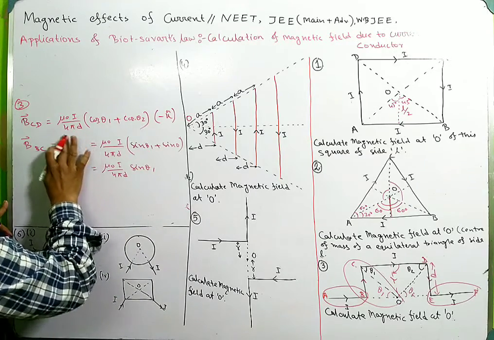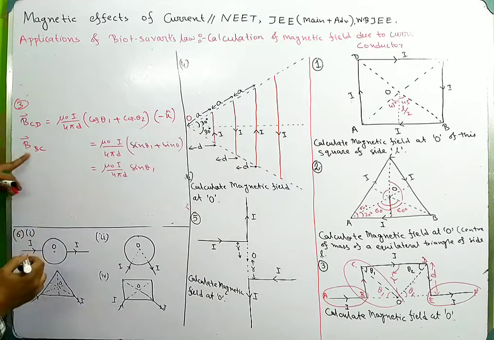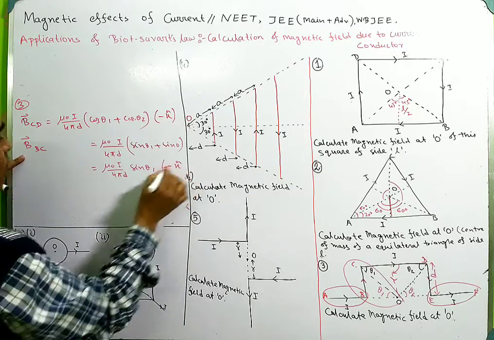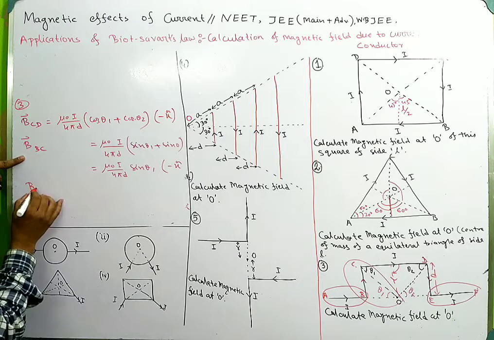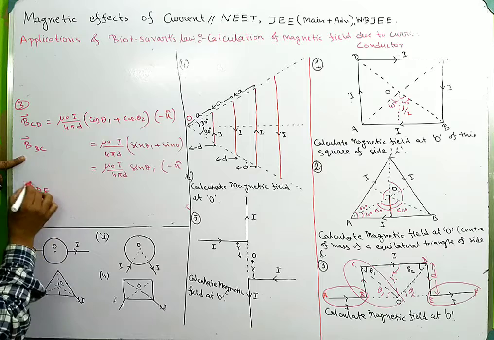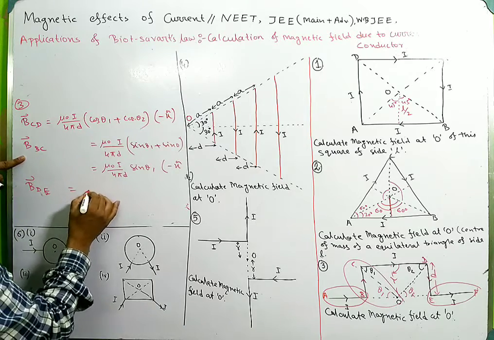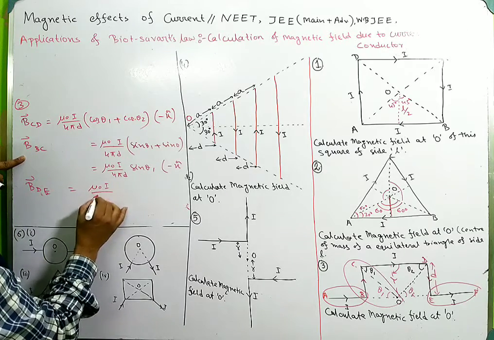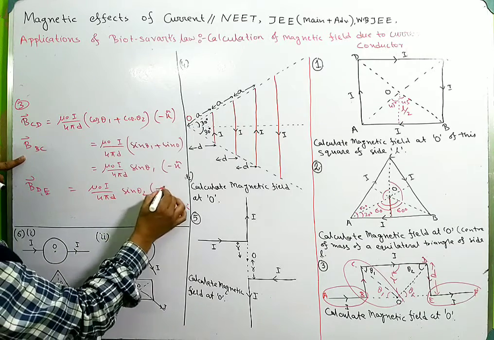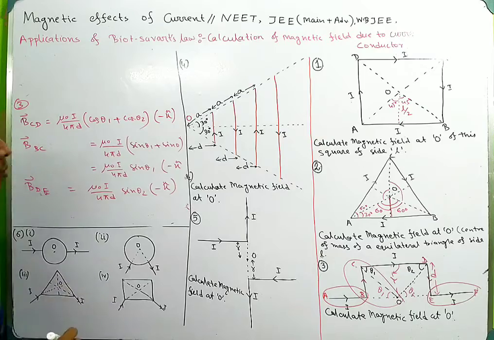This is the magnetic field for BC. It is also minus k cap. If you want to calculate for DE, similarly you can calculate mu 0 I by 4 pi d, it will be sine theta 2, also minus k cap.